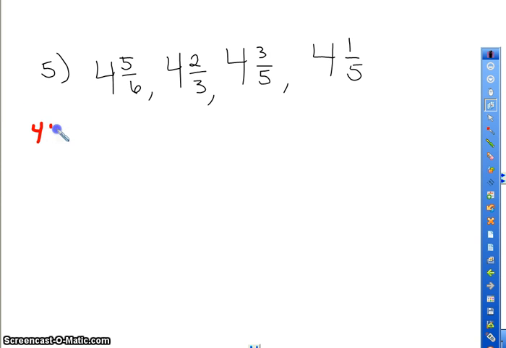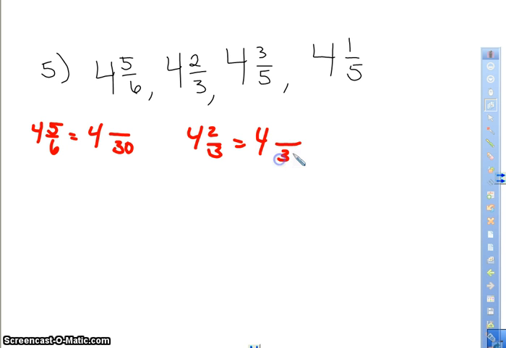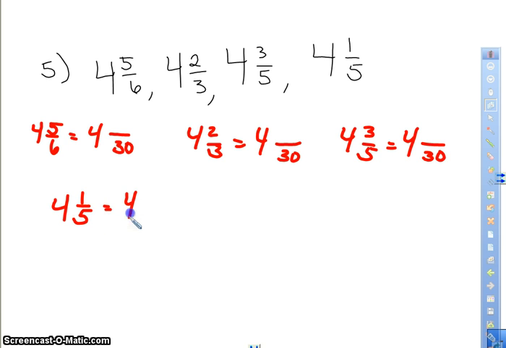So I need to change 4 and 5/6 to a denominator with 30, 4 and something over 30. 4 and 2/3 to 4 and something over 30. 4 and 3/5 to 4 and something over 30. And 4 and 1/5 to 4 and something over 30. So once again, I'm going to change my numerators now.